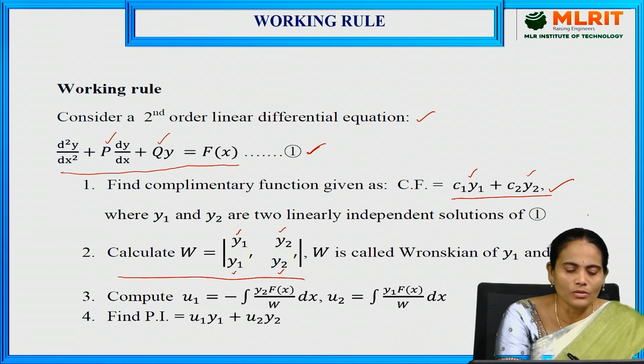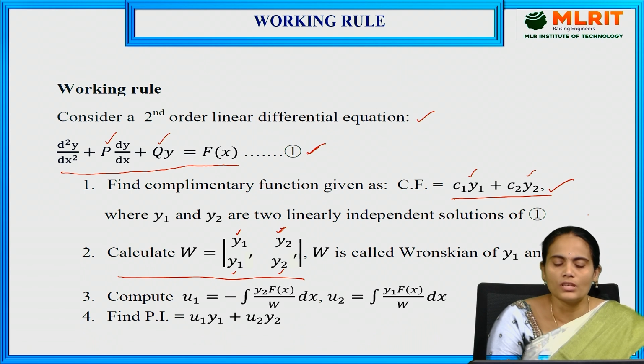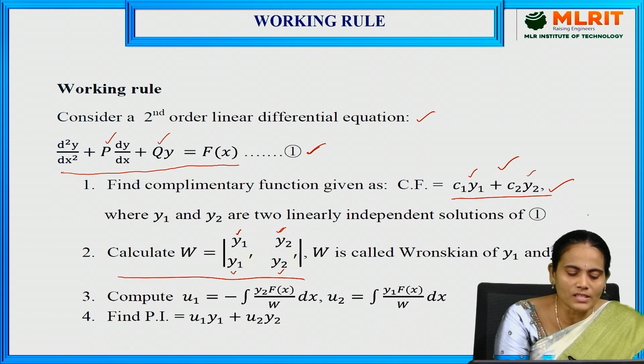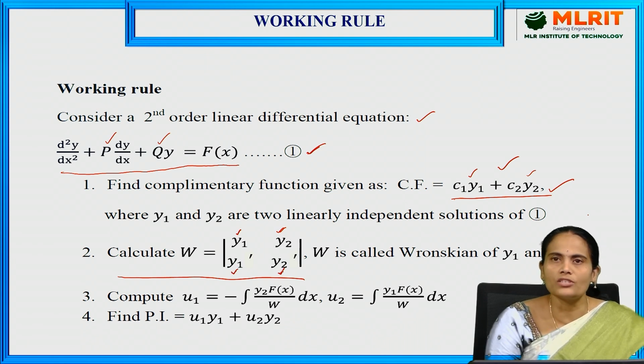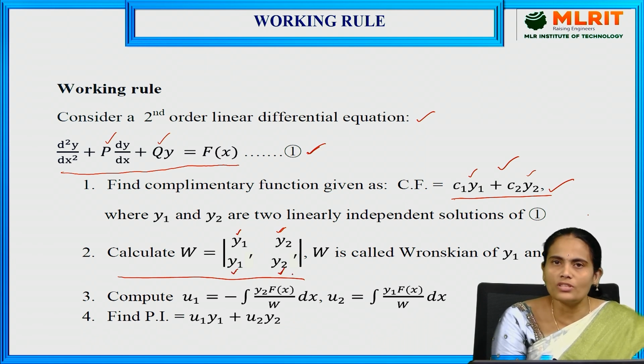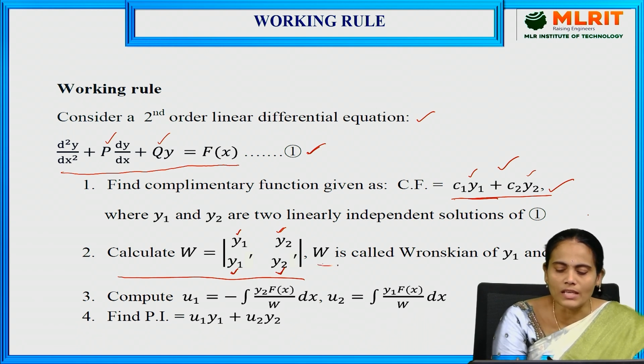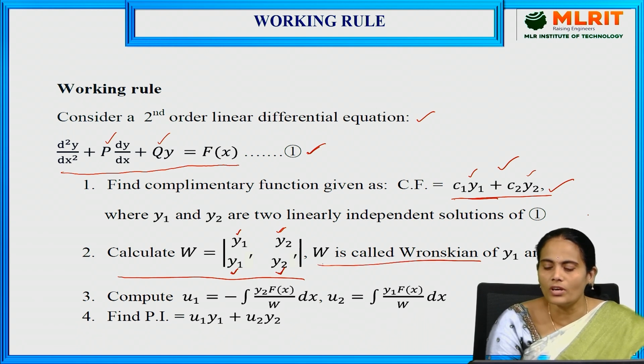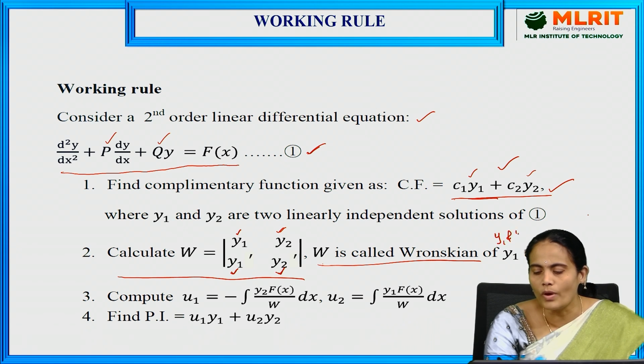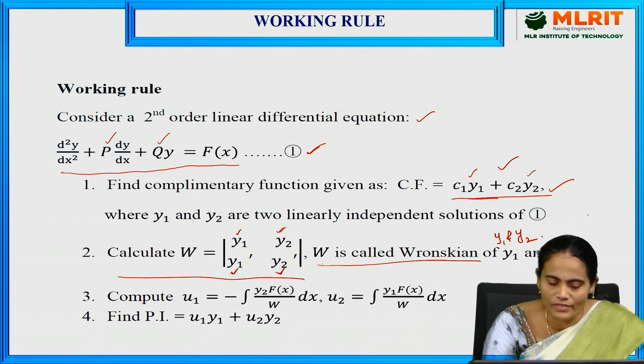Here y1 and y2 we are taking from the complementary function, and y1 dash and y2 dash are the derivatives of y1 and y2. And this W is the Wronskian of y1 and y2.